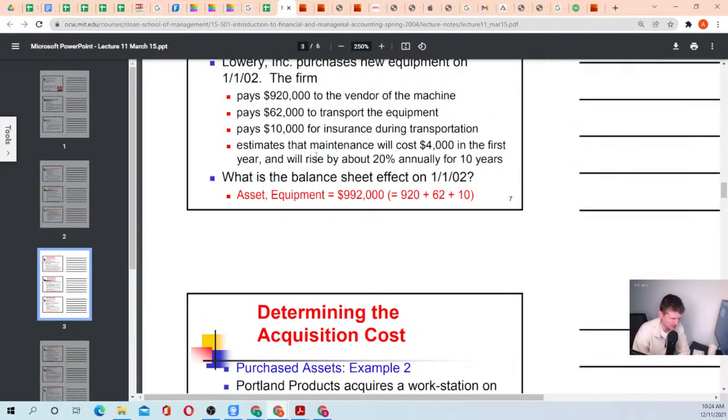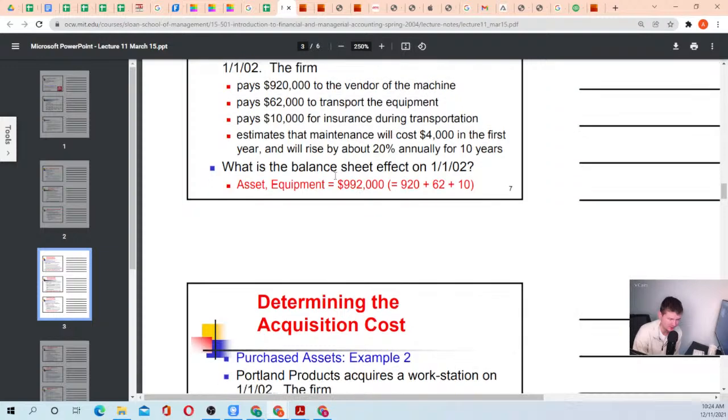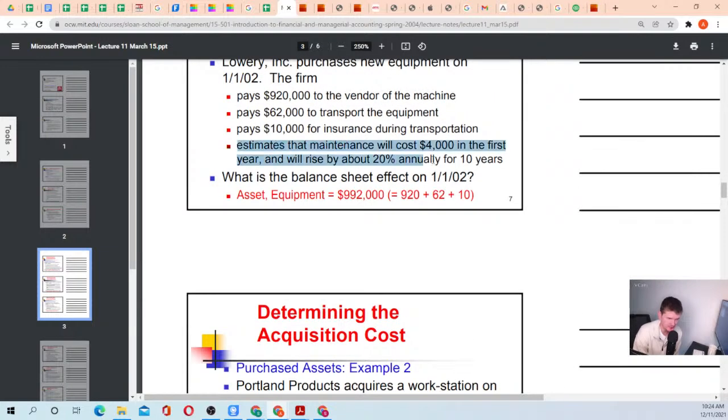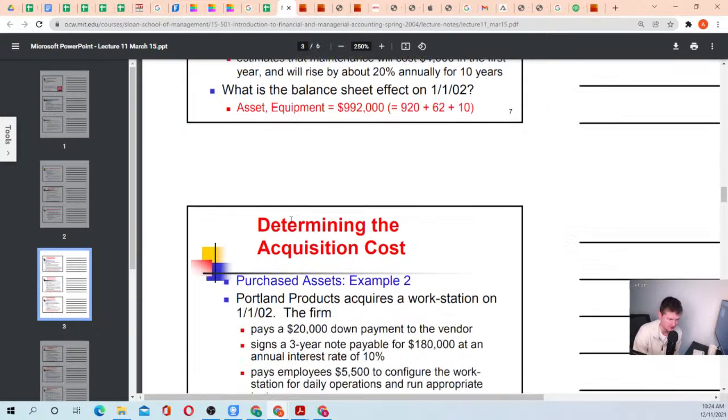Later, when we go through the standard, we will try to find if the standard says anything specific about insurance during transportation. And maintenance costs are not capitalizable, especially the ones which you incur after you put the equipment in operation. And that's also determined by the standard.